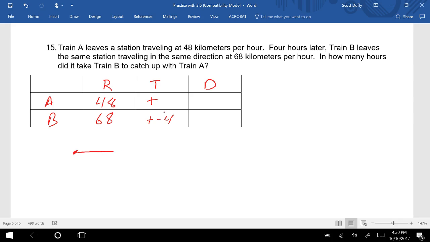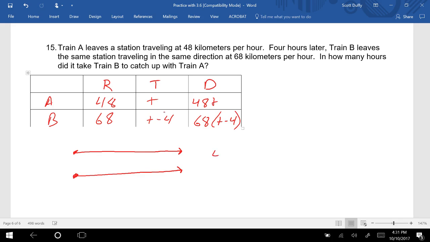Train A leaves the station, goes so far. Train B leaves later, catches up. Same distance. Now train A's distance is 48t. Train B's distance is 68 times t minus 4. When will these distances be equal?